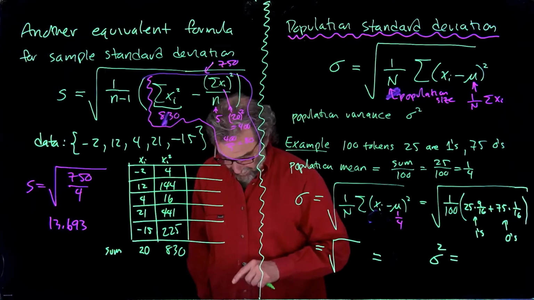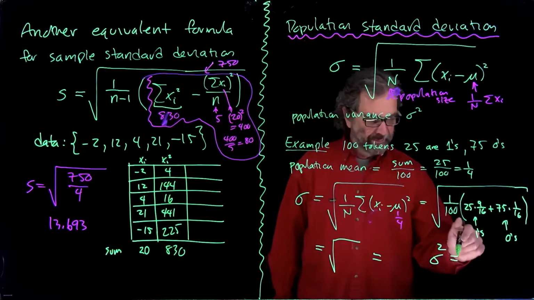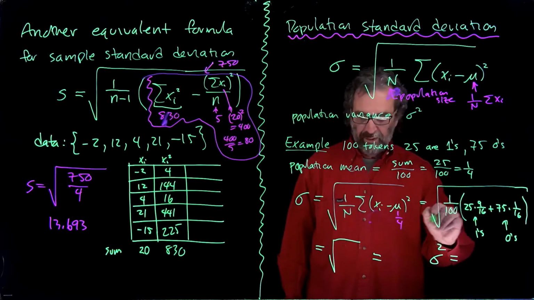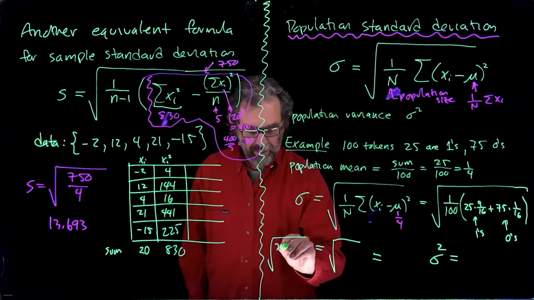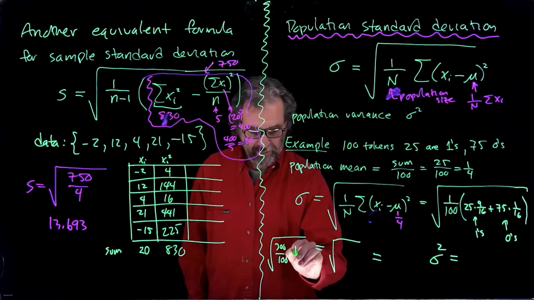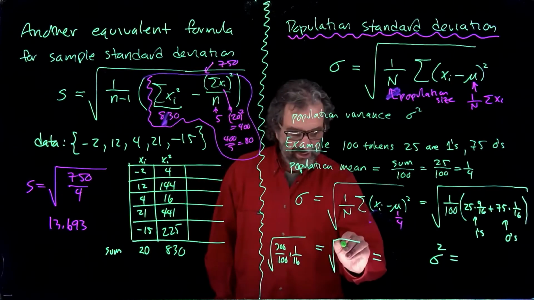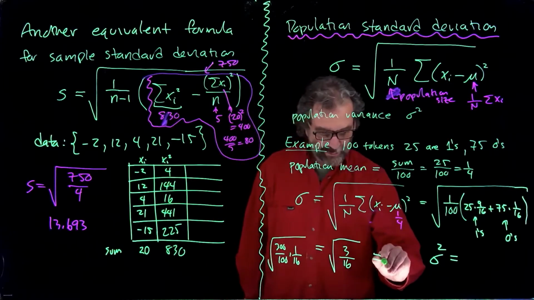It's 300. So I get 300 over 100 times 1 over 16, under the square root, and when I do all that work, that's 3/16. Okay, so that was right. And then if you put that on a calculator, we get 0.4330.